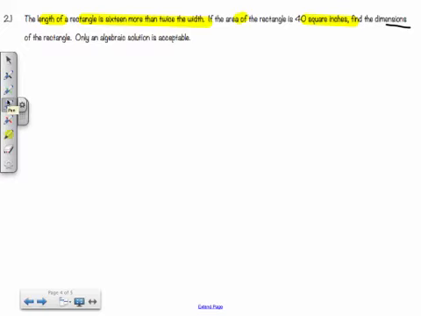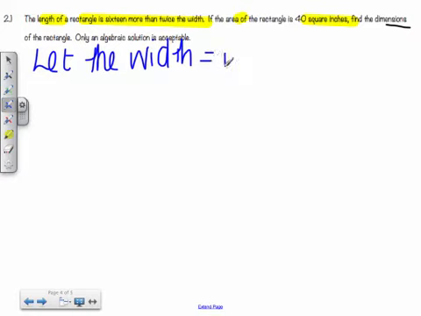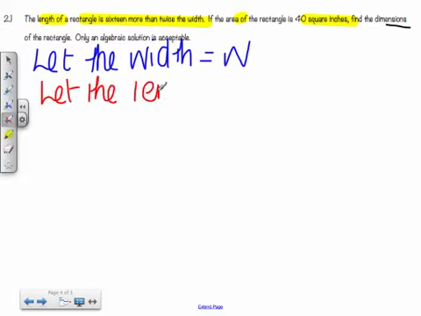So what I'm going to do is write a let statement for the width. So I'm going to say let the width equal any variable you want. I'm going to call it W. Then I'm going to write another let statement for the length. So let the length equal, I'm not going to use a different variable.